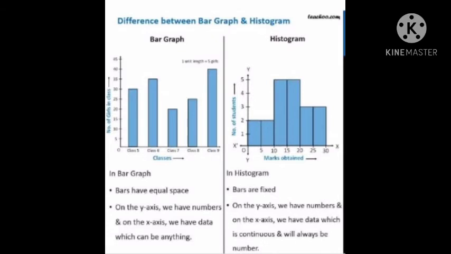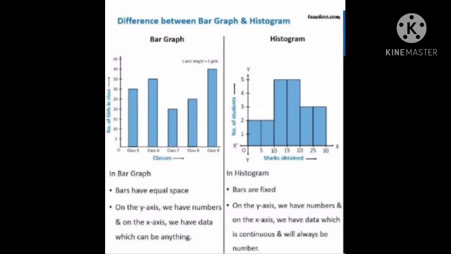Let's see the difference between a bar graph and a histogram. See the first figure. In this figure we can see 5 rectangles, and these rectangles are separated. There is a space between each of these 5 rectangles. Bar means rectangle.